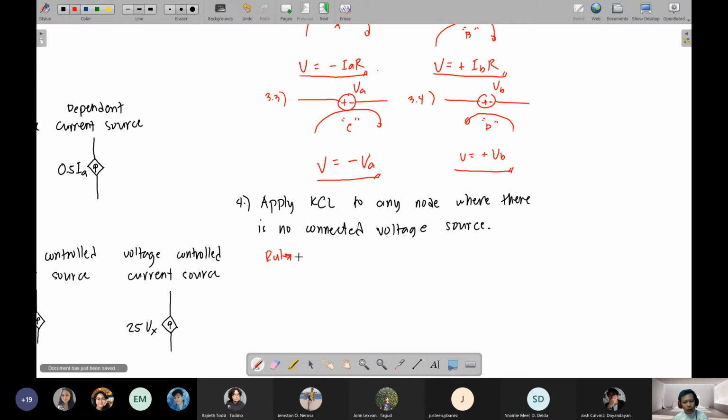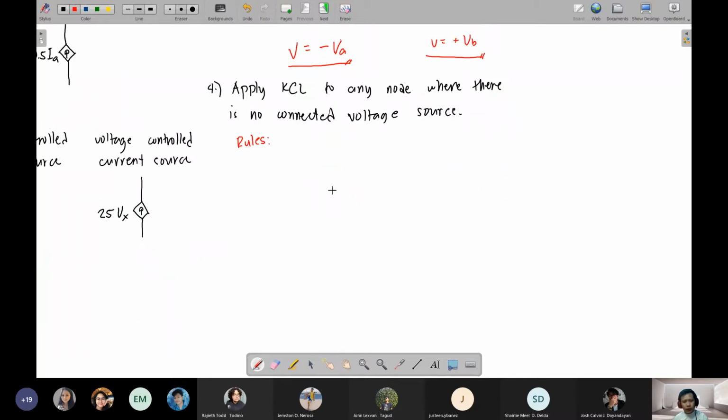These are the rules in applying KCL. For example, if this is my resistor, and it is connected to another resistor. Just a sample. This resistor has current IA, and this one has current IB. And this is current IB, and this is also current IC.